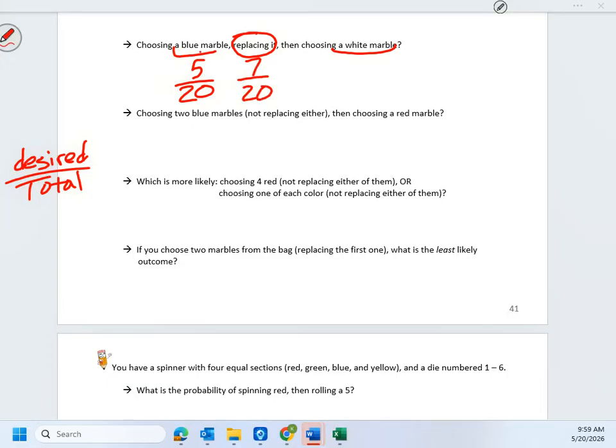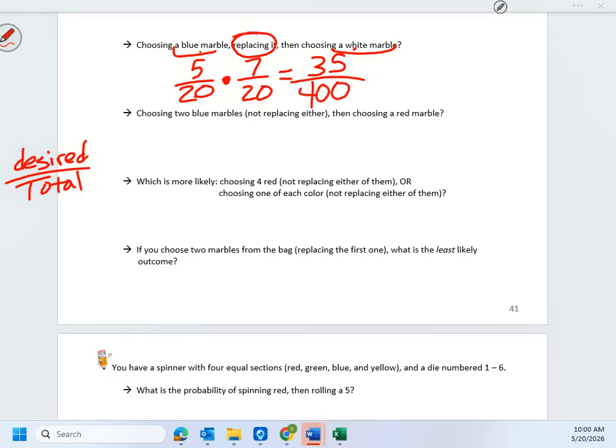We know there are 5 blue and 7 white. We know we had 20 marbles. We replaced it, so we still have 20 marbles. So then Moses looked at that and he said 5 times 7 is 35. What did you get for the denominator? Yeah, 400. So that is absolutely right, Moses.